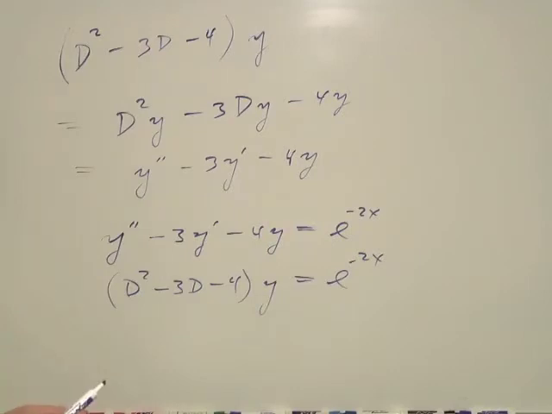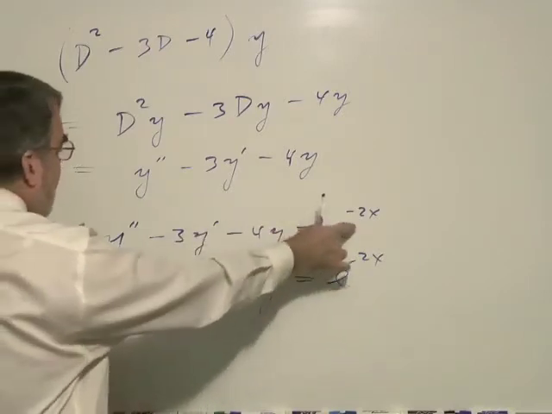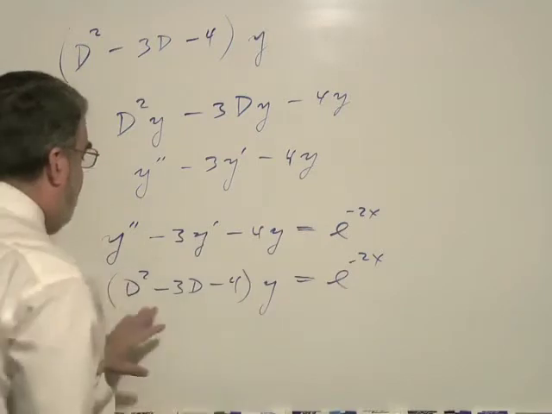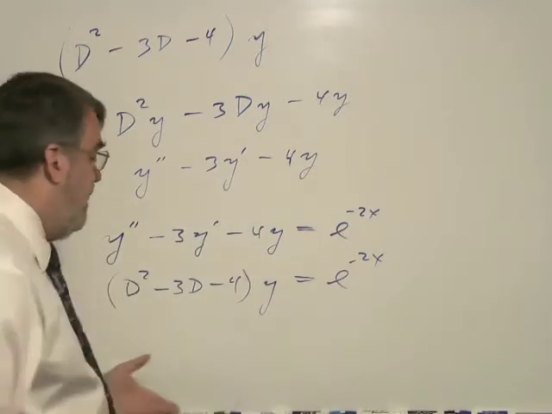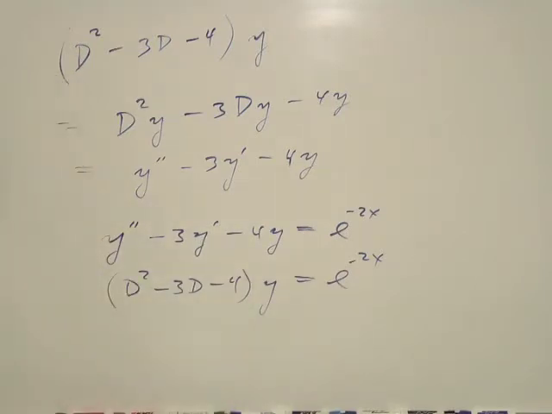So here's a way of representing a differential equation in terms of a linear operator, the differential operator. And you might say, well, how would we solve this? And you think, well, it's sort of intuitive.